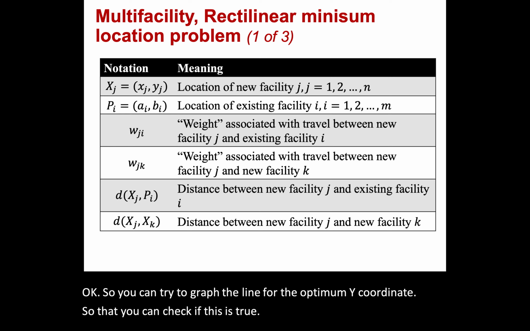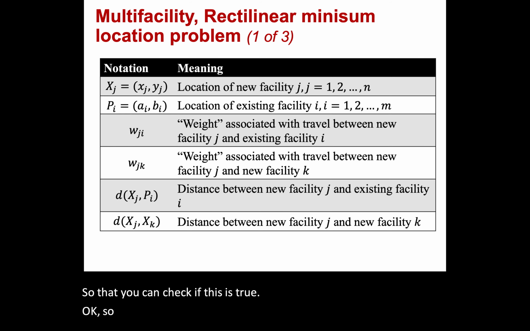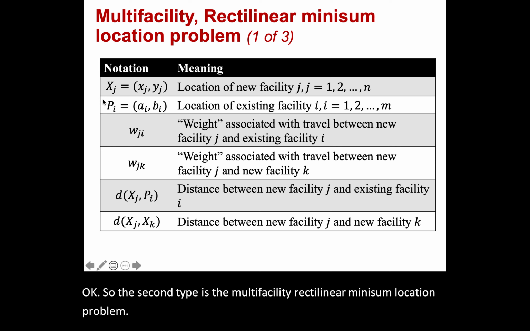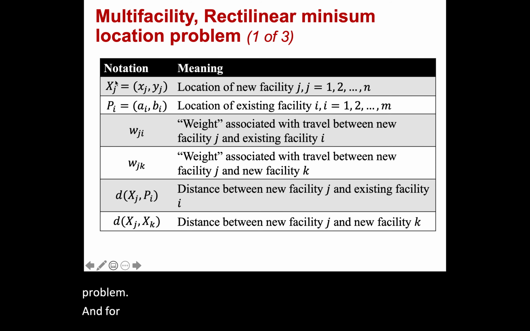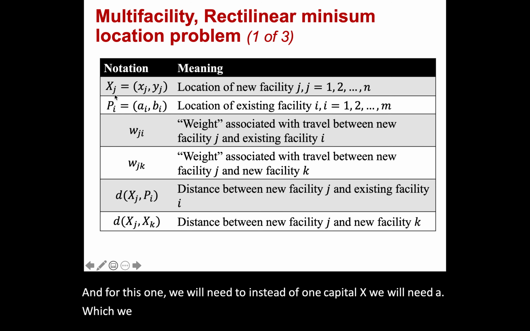Okay, so the second type is the multi-facility rectilinear minisum location problem. And for this one, instead of one capital X, we will need many X, which we denote Xj as the location of new facility j.